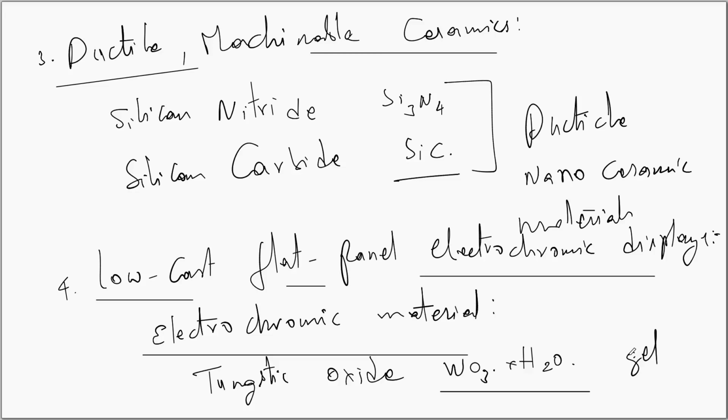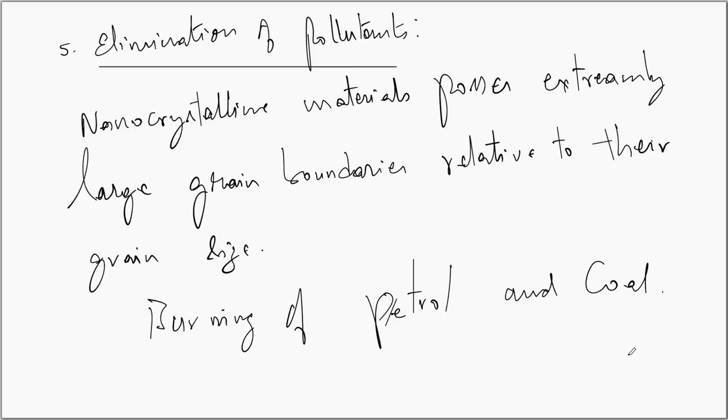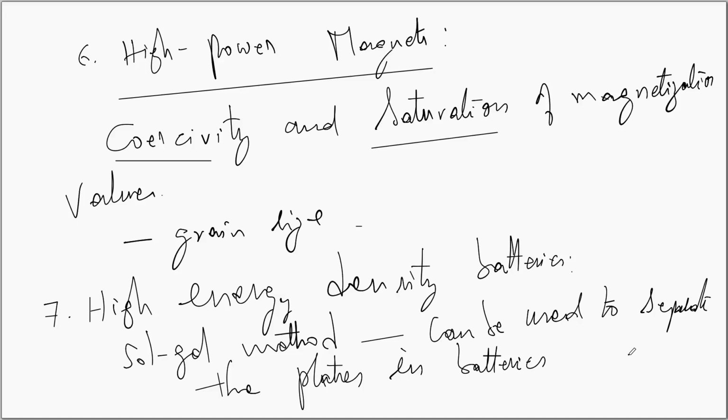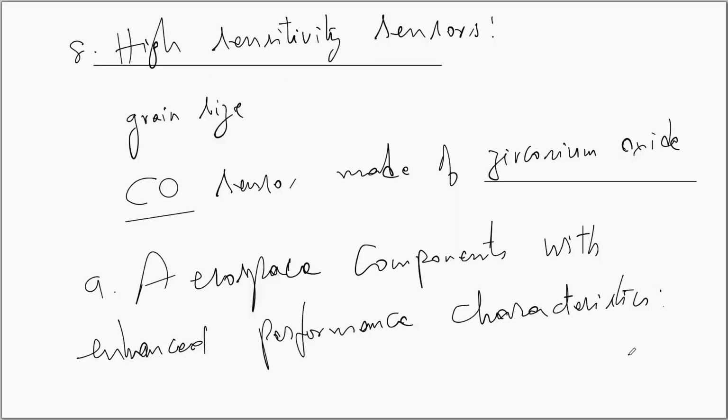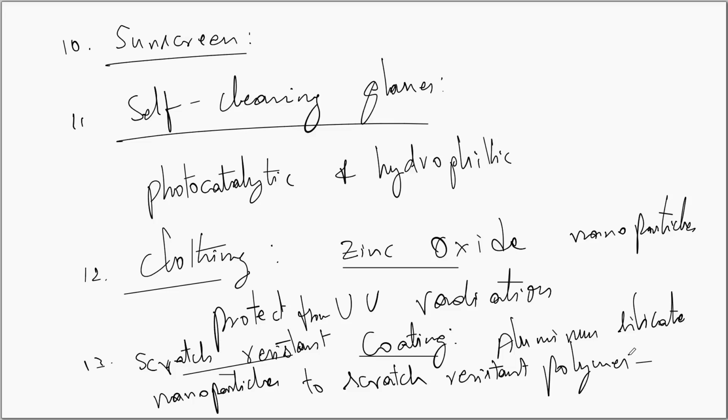We have seen how nanomaterials can be used in electrochromic displays, the elimination of pollutants in environmental science, high power magnetic materials, and high energy density batteries. We have also seen their applications in high sensitivity sensors, aerospace engineering, sunscreens in skincare, self-cleaning glasses, clothing, and scratch-resistant coating. Thank you.